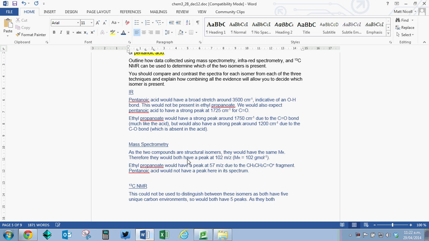I mean, this is the other thing that you could throw in there, is they both contain a carbon-oxygen double bond. They would both have a peak downshifted. Sorry, that's not the way to phrase this. How do I phrase it?